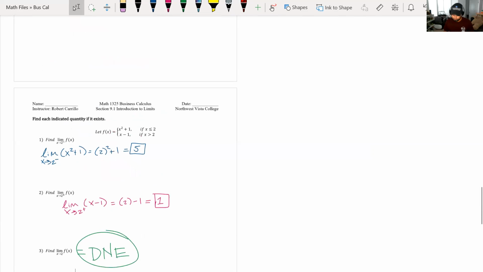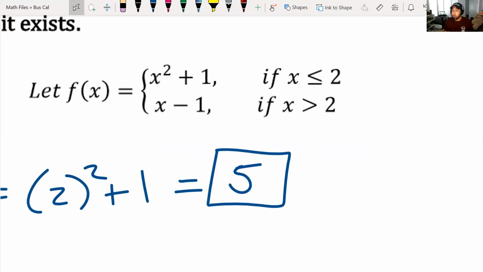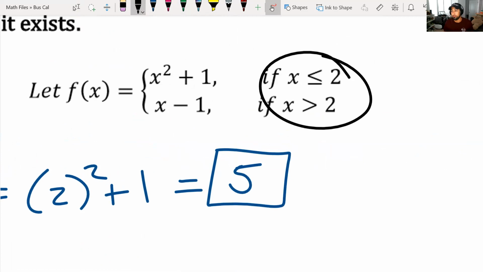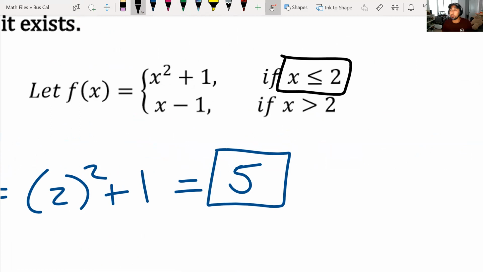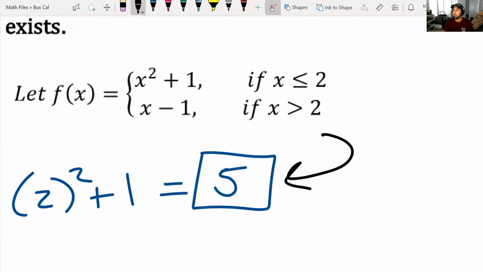And if you look at the top, which of these restrictions allows us to be equal to 2? And if you guess the first restriction, that is correct, because this says x can be less than or equal to 2, which means we can use this function and plug in 2. That's it, guys. And we already did that work. We know what happens when you plug in 2. You'll get 5.